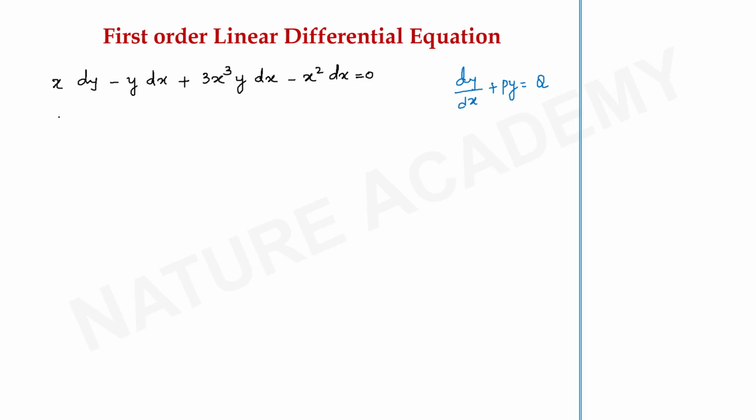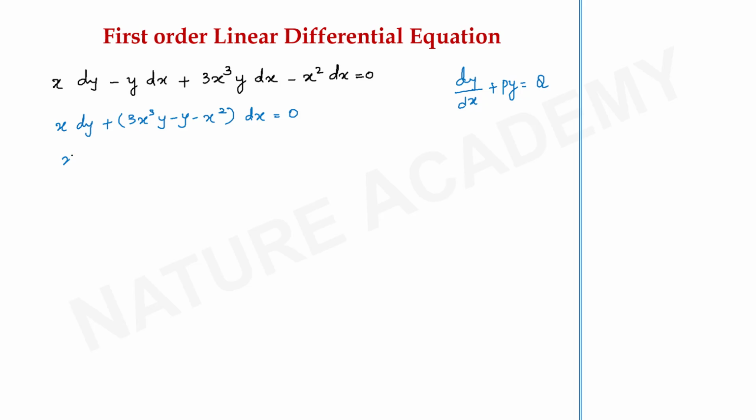Take dx common in the second, third and fourth terms so that we can write x into dy plus 3x cube y minus x square into dx is equal to 0.